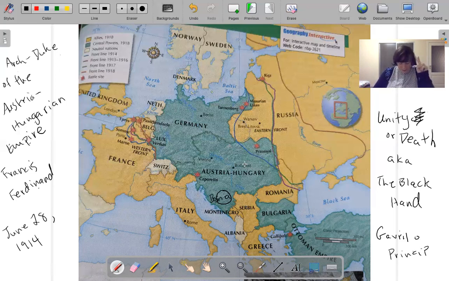Then his friends, Austria-Hungary is friends with Germany, and Germany is really mad about it. Like, Germany seems even more mad about it than Austria-Hungary is.